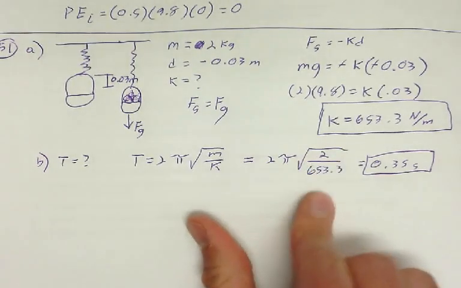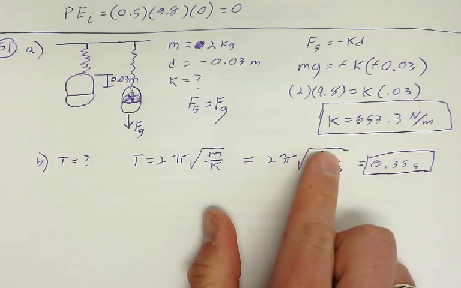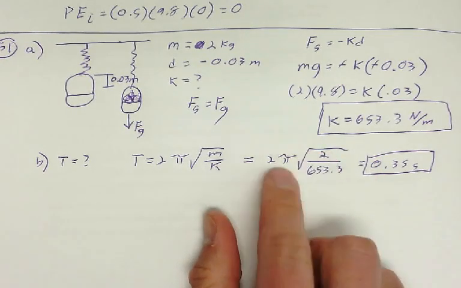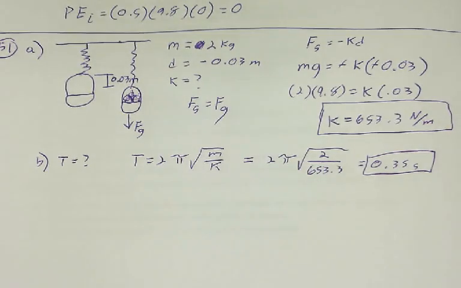So I did 2 divided by 653.3. I square rooted that answer. And then I multiplied that by 2 pi. Oh, I didn't do that. Yeah. It's easy to forget.